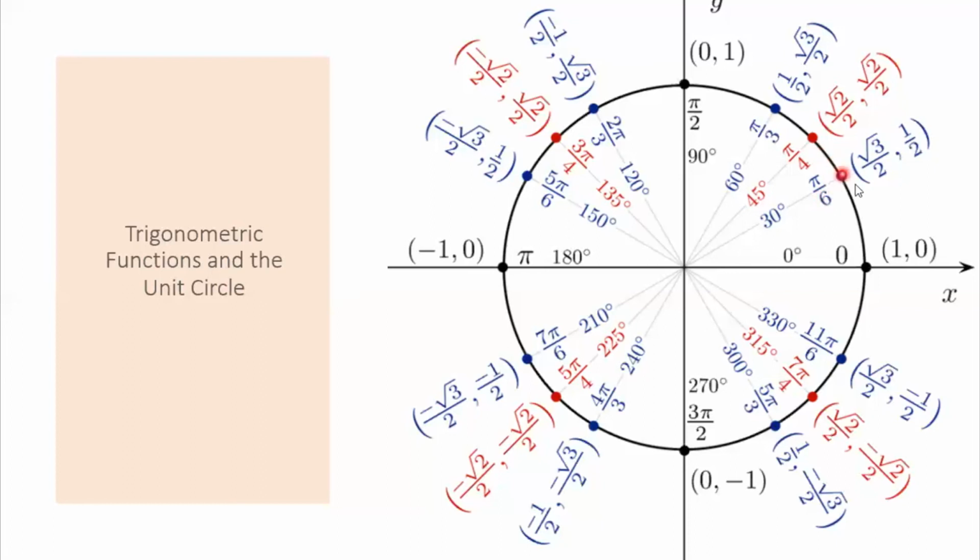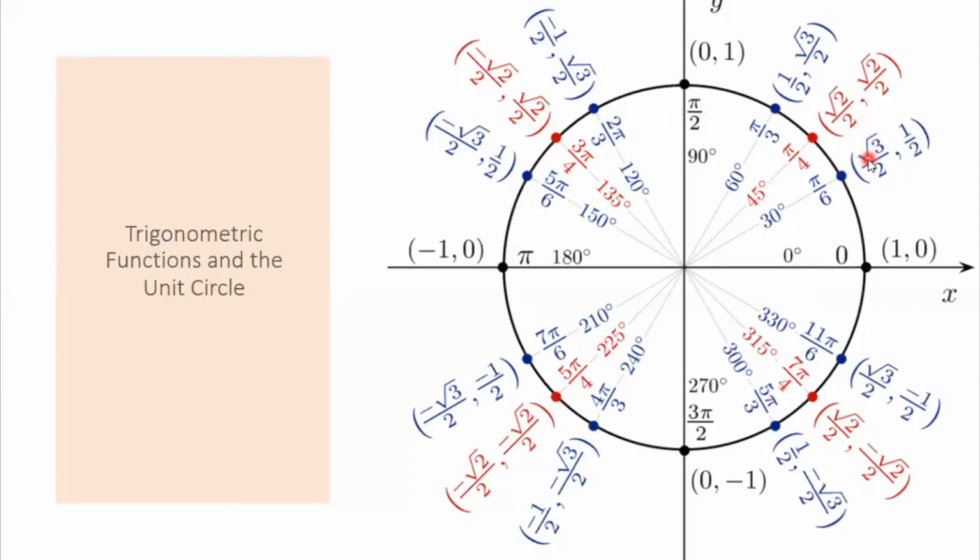So pi over 6 plus pi over 6, you have pi over 3. Plus pi over 6, you have pi over 2. Plus pi over 6, you will have 2 pi over 3, plus pi over 6 and so on.